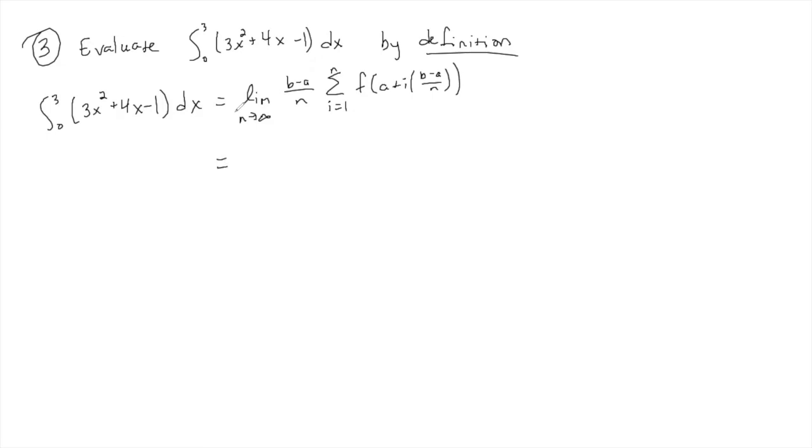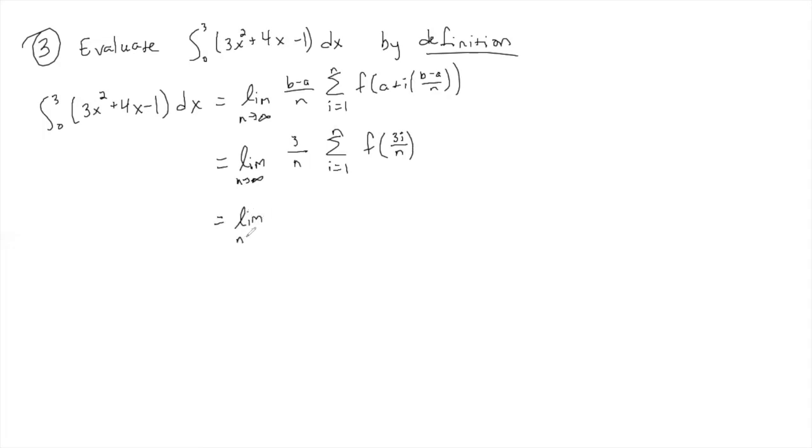All right, now I can start plugging things in. b and a are 3 and 0 respectively, so I get 3 minus 0 on top, or just 3. Remember, n is still a general thing that I'm taking a limit of, so n has to stay in the function. The inside of f is going to look like 0 plus i times 3 over n, or just 3i over n.